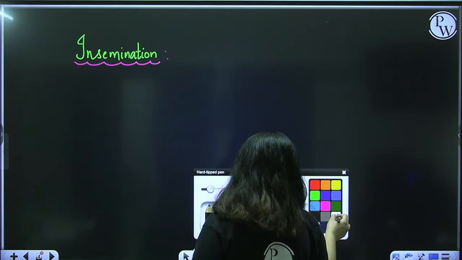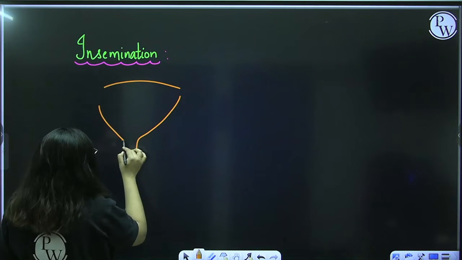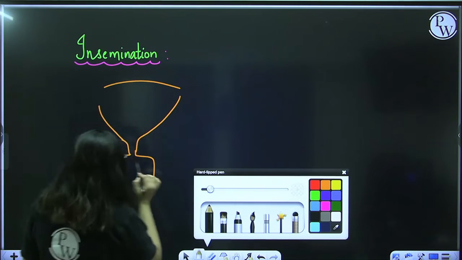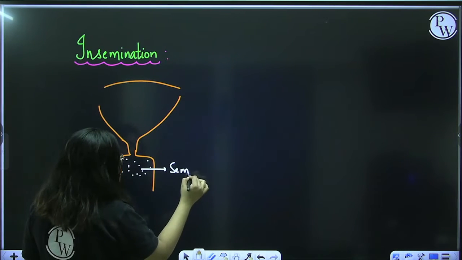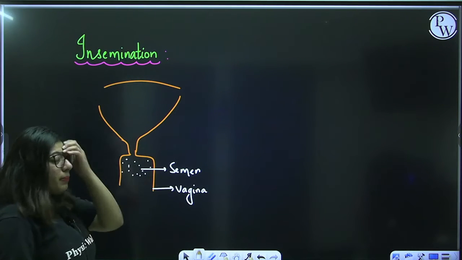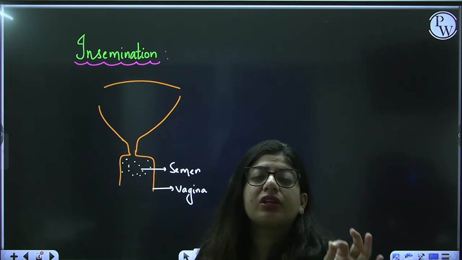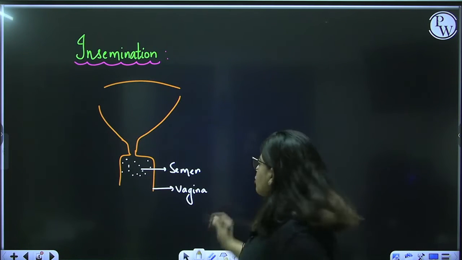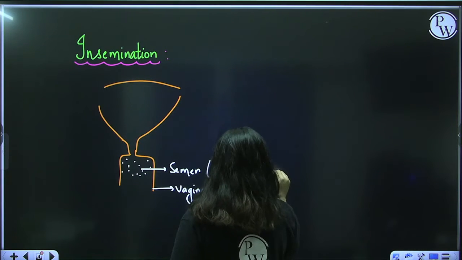So for example, this is the uterus, this is the cervix, and this is the vagina. The male will deposit semen in the vagina during sexual intercourse. Imagine this is semen, this is vagina. And you also know, per ejaculation, the male releases around 200 to 300 million sperm. So we are assuming the male is healthy, so this semen will be carrying 200 to 300 million sperms.